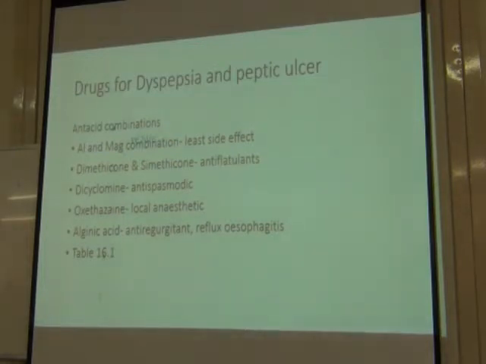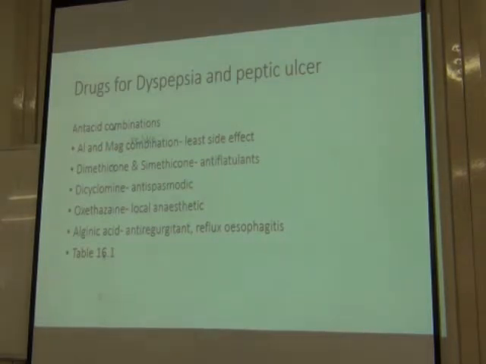Dicyclomine is also added to antacids as an antispasmodic, because with peptic ulcer you find spasmodic activity. Your peristalsis, spasms are generated in peptic ulcer as well. So that will help with that.